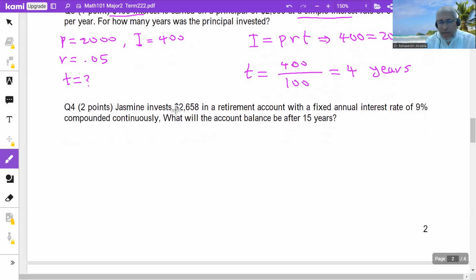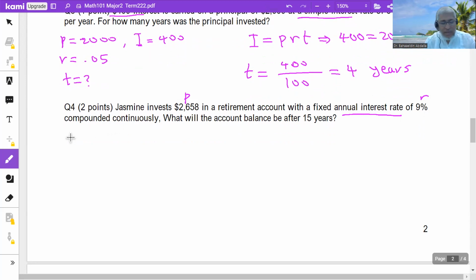Jasmine invests $2,658. So what is this? This is the principal, in a retirement account with a fixed annual interest rate. Annual interest rate, that's R, compounded continuously. For compounded continuously, there is a formula.